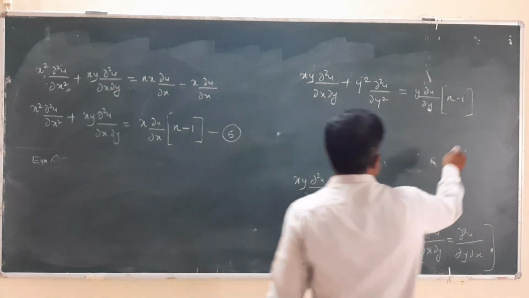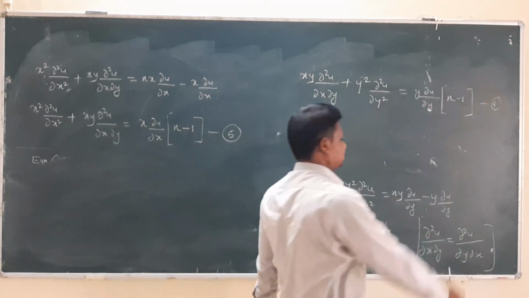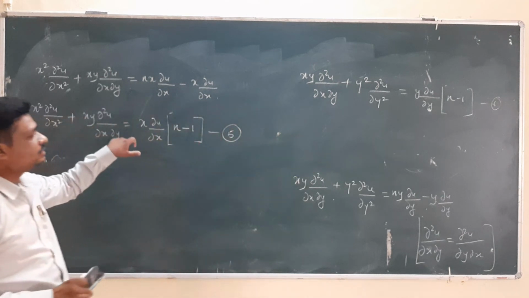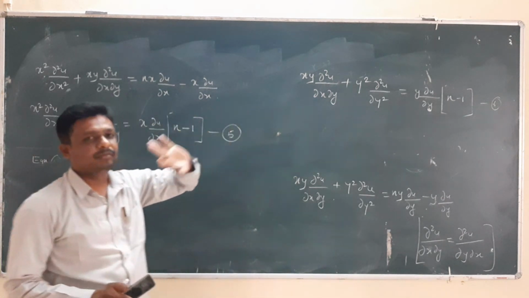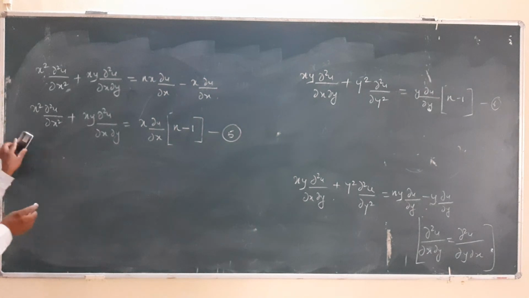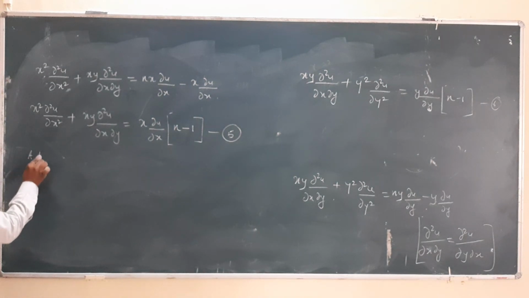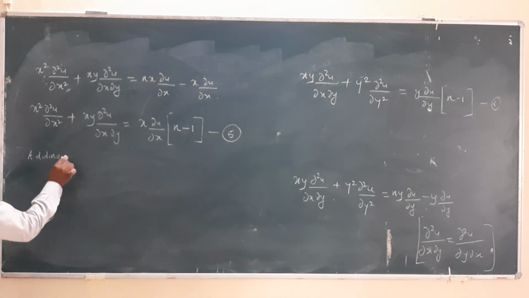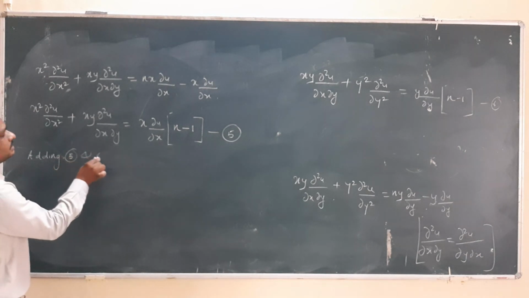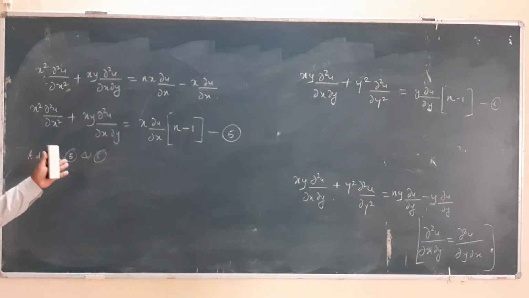So I will take this one as equation number 6. So now I will add equation number 4 and equation number 6. So adding 4 and 6, I will add LHS separately and I will add RHS separately.